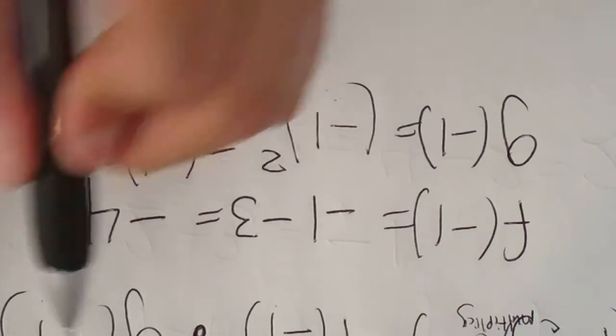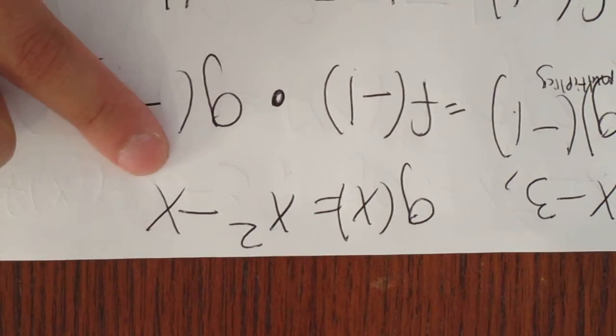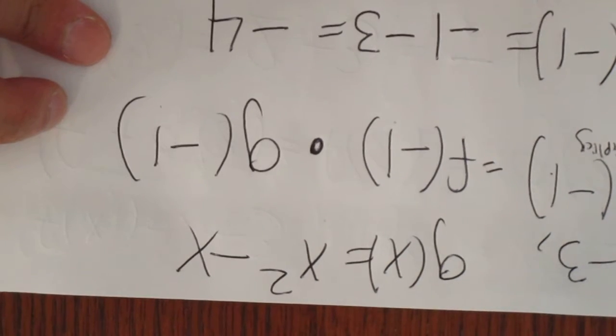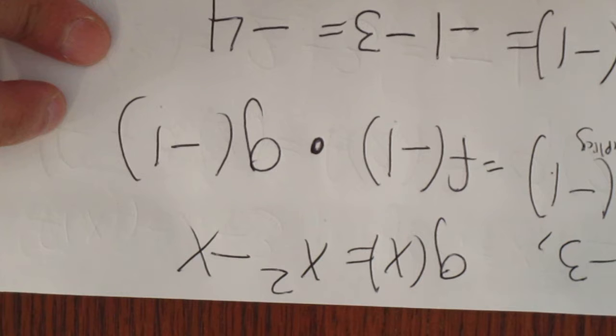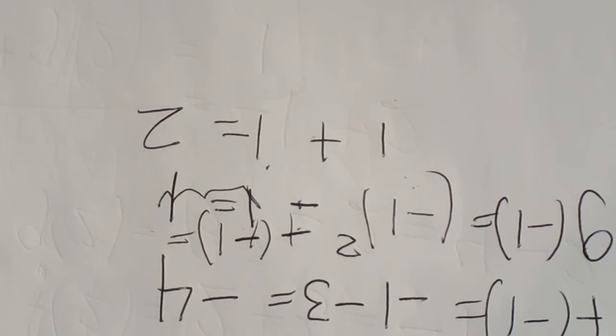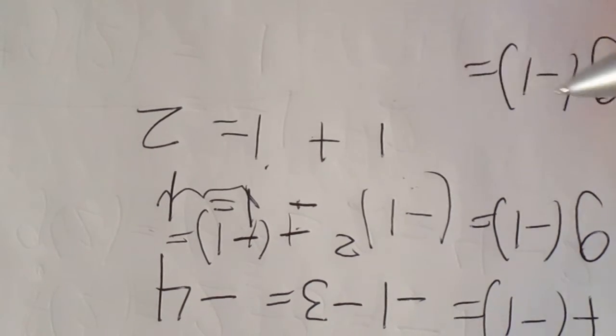If we do the math, that gives you 1. A minus and a negative is a positive, so that's 1 plus 1 equals 2, right? So g of negative 1 equals 2.